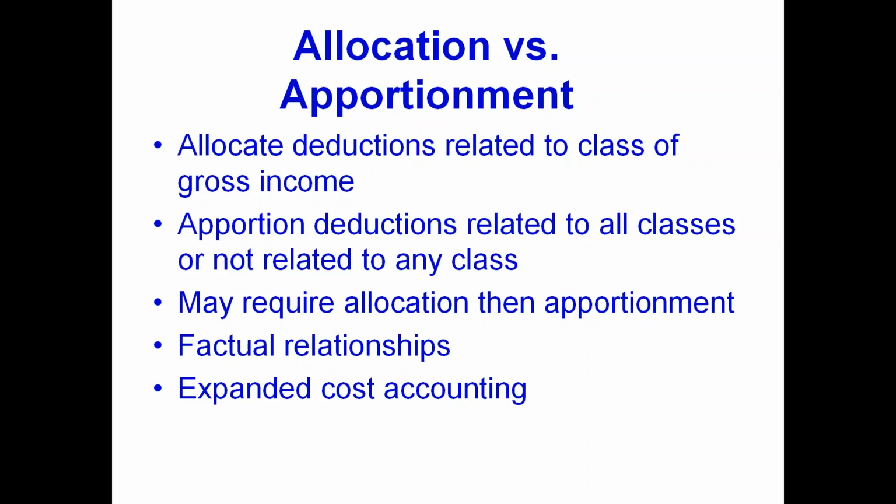Now, the key here is determining factual relationships. Sometimes you say, man, I know this is associated with that. Exactly. But you can't get the data to be able to do something with it.